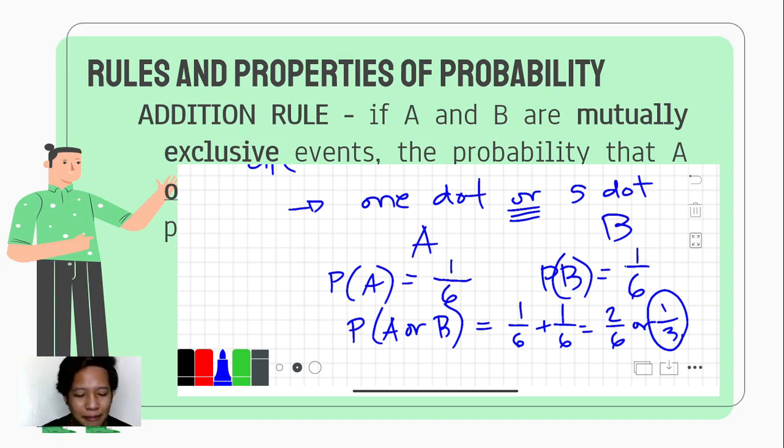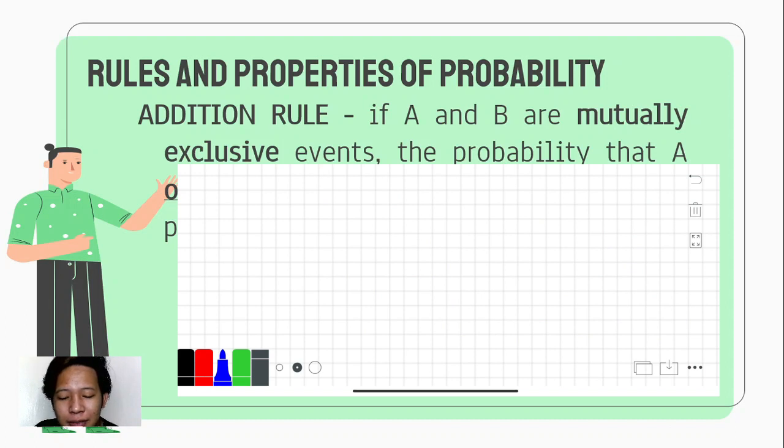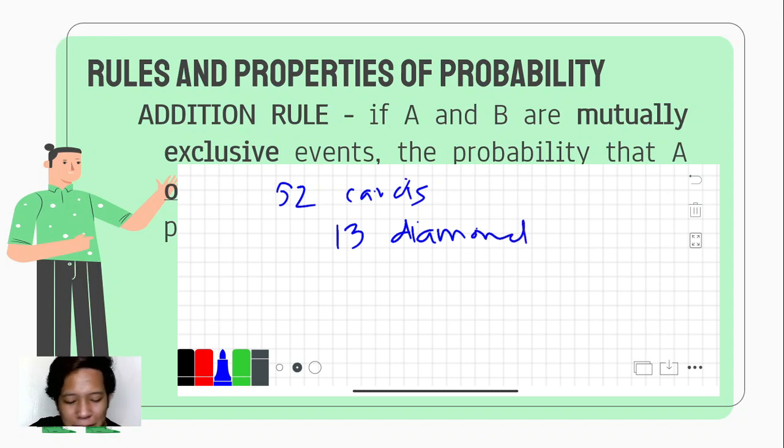Let's have another example. Let's say, for example, we have our deck of cards. We know that we have 52 cards in the deck. Okay, 13 of them are diamonds. Okay, let me just write it in symbols.